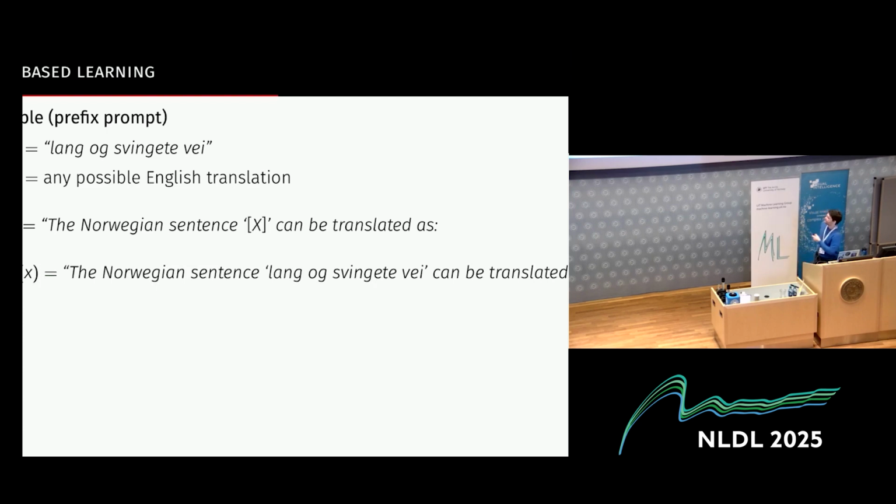So when we fill in the sequence, it looks like this. And again, if we have a good enough language model, it should understand that the most likely sequence that follows after this input is actually the translation of the Norwegian sequence.